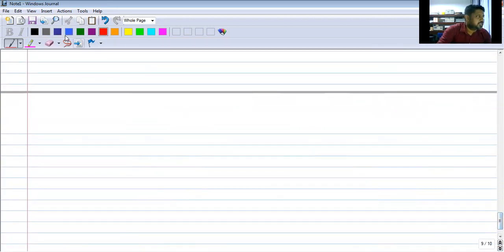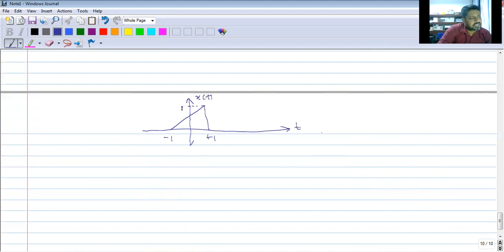Okay, so as an example, please try to do this question. Let's say that we have a signal like this. This is -1 to +1. Let's say this is 1. So this is your x(t) and this is t, and try to find x(t+5), x(t-5), x(5t), x(-t), x(-5t).